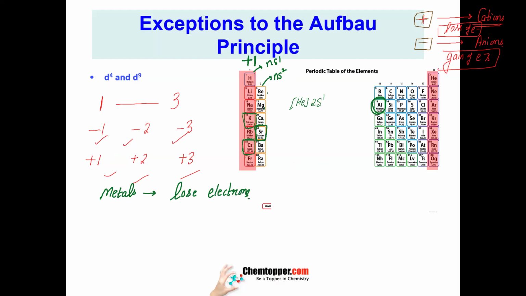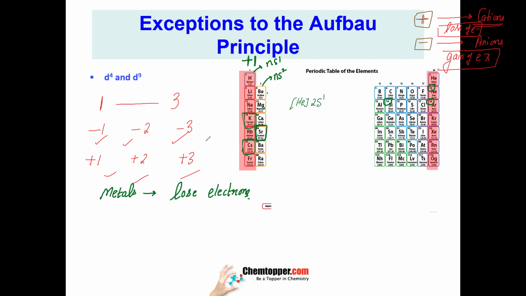What do you think silicon can do? I said the limit is maximum plus 3. After that, it will become very difficult. So what can silicon do to go to the nearest noble gas configuration? You see it has 14 electrons. The nearest noble gases have 18 and 10. No, no, no, dear Bhavya.